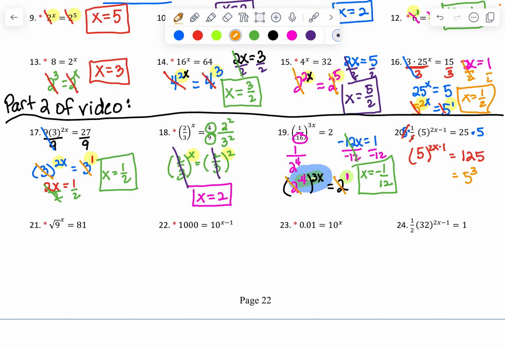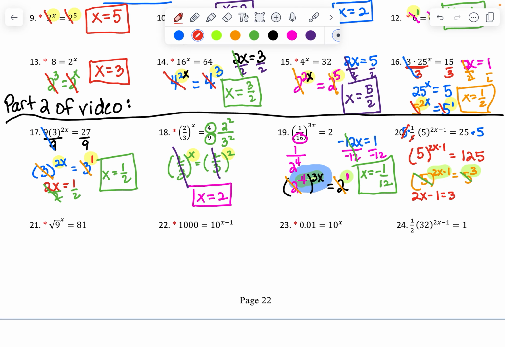Now, we learned how to write a radical as a fraction. Remember, there's an invisible 1 right there and an invisible 2. So technically, that is 9 to the 1/2 power. Now, you still have that x up there, so I need to write that. Equals. Now, I know that 9 squared is 81.